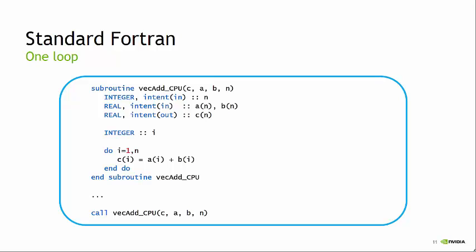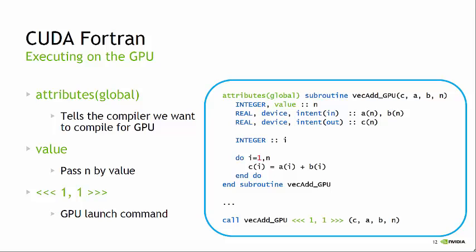Then we iterate over the length of our vector, doing c(i) equals a(i) plus b(i). And we call it, just as vec add CPU. This works on the CPU, great.